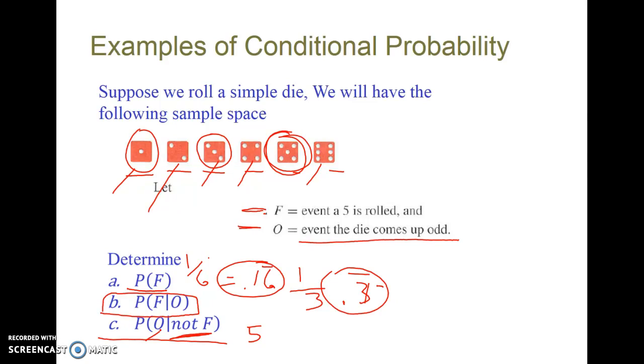Of those 5 outcomes, 1 is odd and 3 is odd, and that's it. So it's 2 out of those 5 outcomes. If we take 2 divided by 5, we get 0.4. And so that's the probability of O given that F did not occur, or not F.